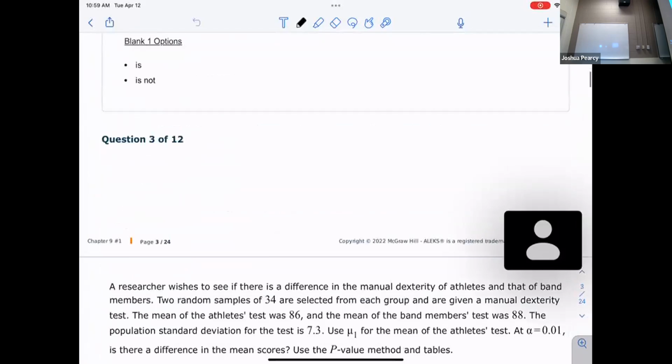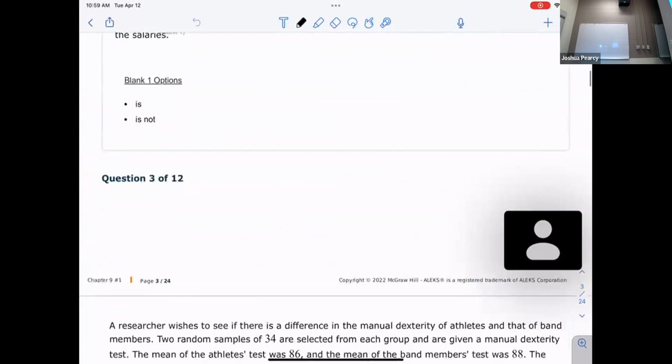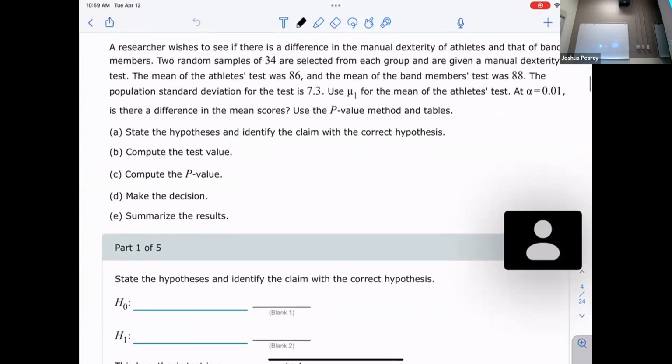Let's look at, I guess this one right here is number 3. It says a researcher wishes to see if there's a difference in the manual dexterity of athletes and that of band members. 2 random samples of 34 are selected for each group and are given a manual dexterity test. The mean of the athletes' test was 86, and the mean of the band members was 88.